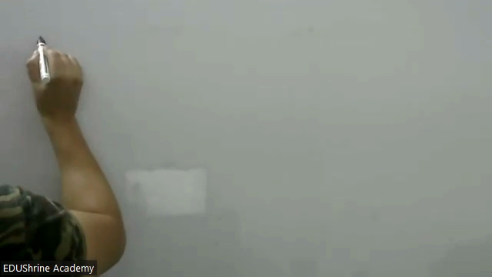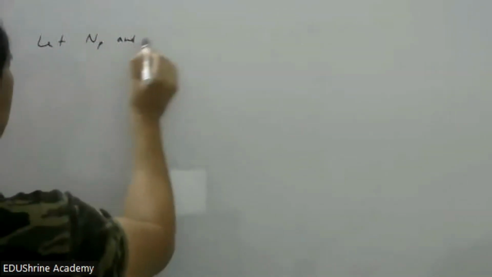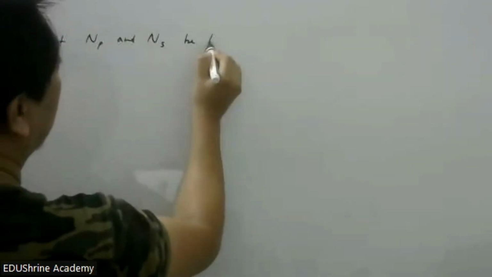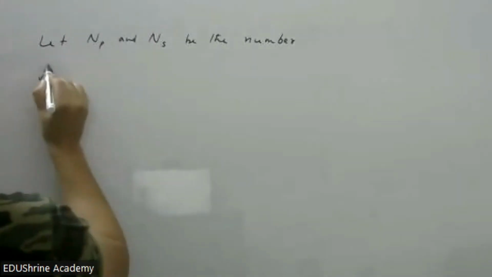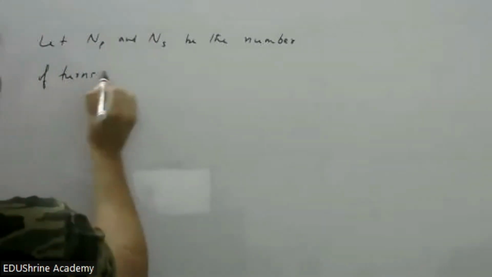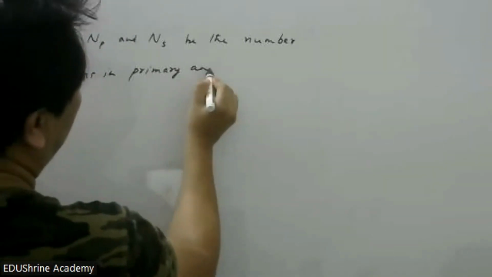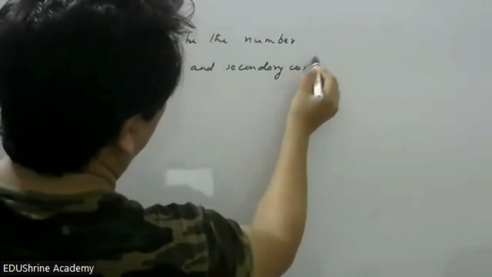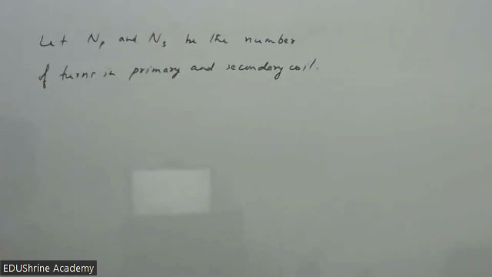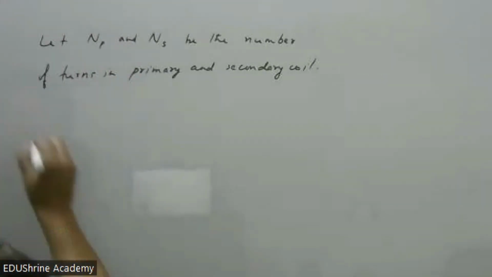Okay, so now let NP and NS be the number of turns in primary and secondary coil. Okay, so NP and NS are what, students? Number of turns in primary and secondary coil.